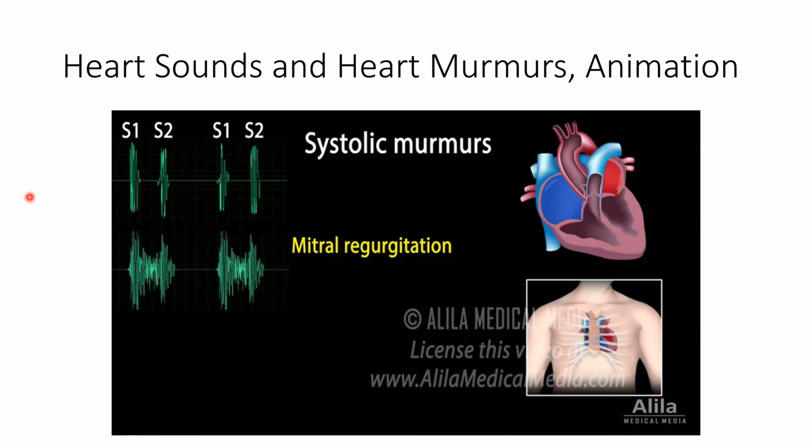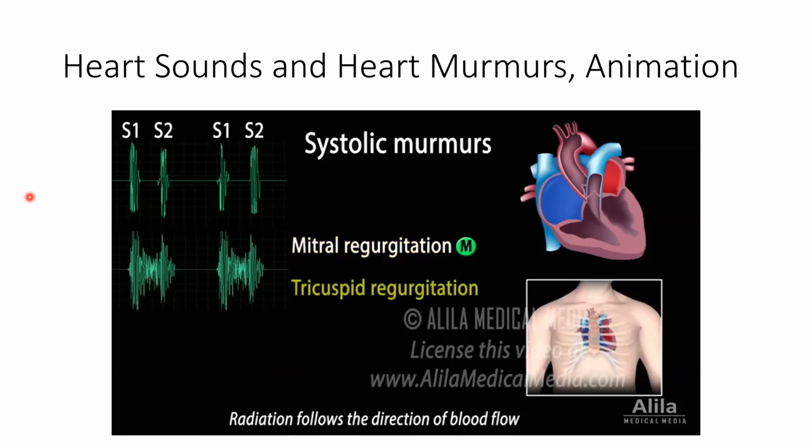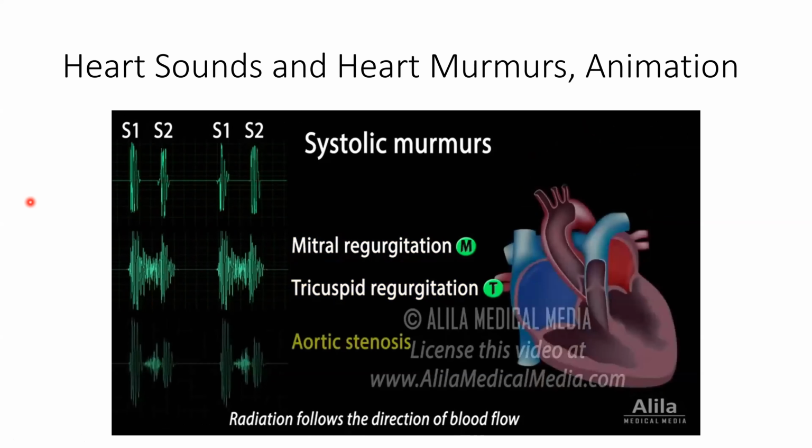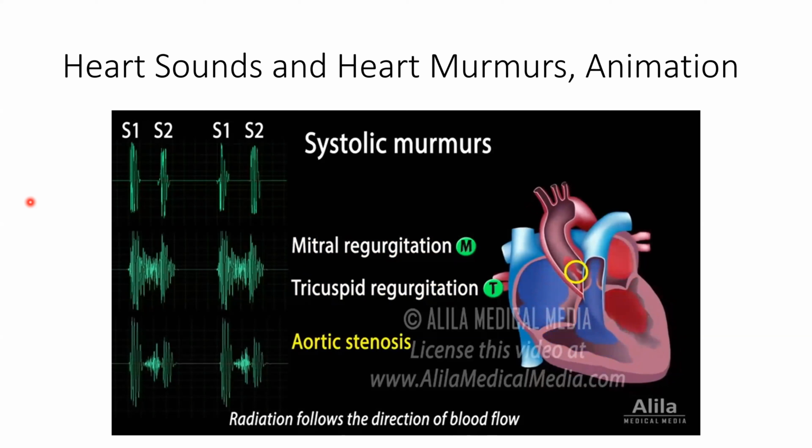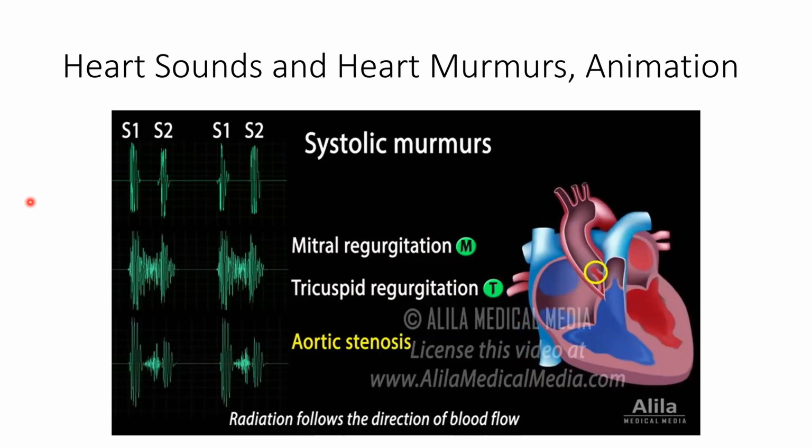This hollow systolic murmur is best heard at the mitral region, the apex, with radiation to the left axilla. On the other side of the heart, a tricuspid valve regurgitation has similar timing and shape, but is loudest in the tricuspid area, and the sound radiates up along the left sternal border. Aortic valve stenosis. When the aortic valve does not open properly and blood is forced through a narrow opening. The blood flow starts small, rises to a maximum in mid-systole at the peak of ventricular contraction, then attenuates toward the end of systole.